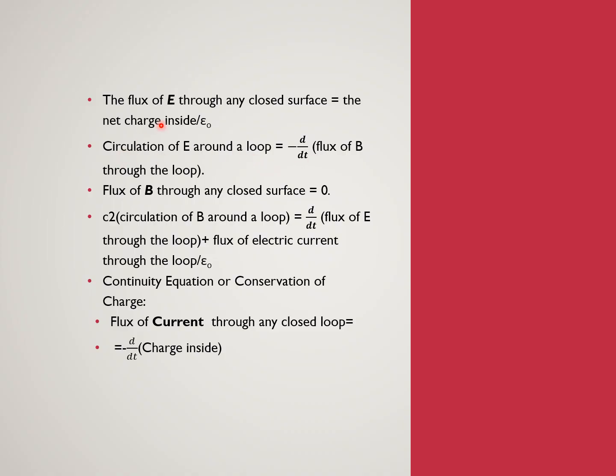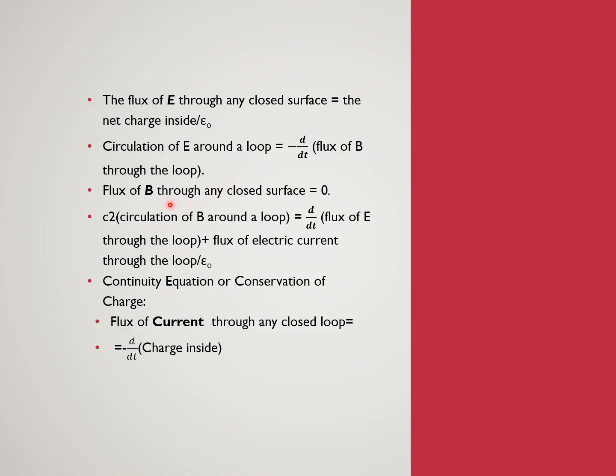That means the flux of E through any closed surface is the net charge inside the volume of this closed surface over epsilon naught. The circulation of E around a loop is minus d over dt of the flux of B through the loop.